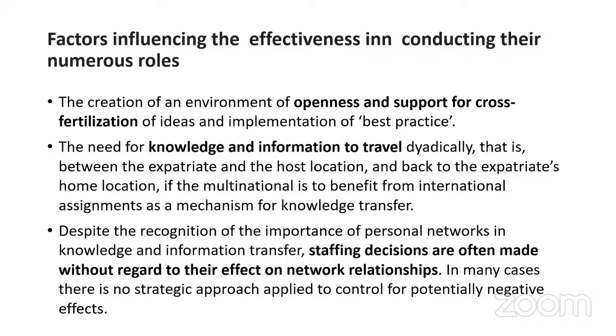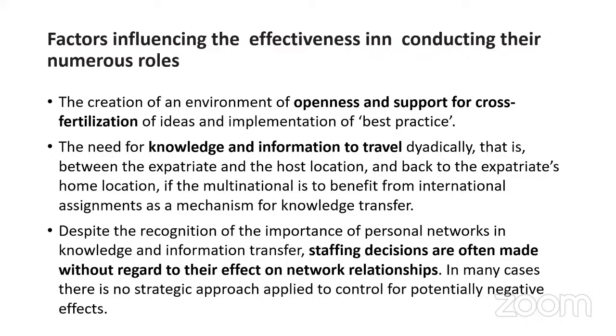Number one, the creation of an environment of openness and support for cross fertilization of ideas and implementation of best practice. So, what is required is openness, then support, then only these things will flourish.